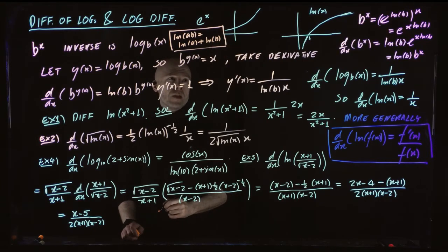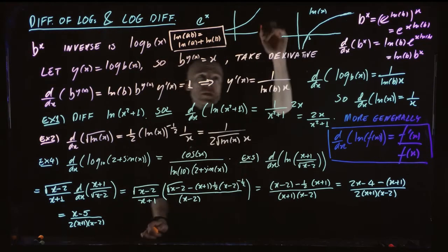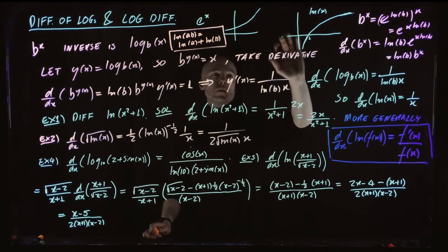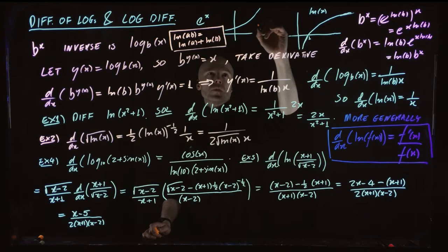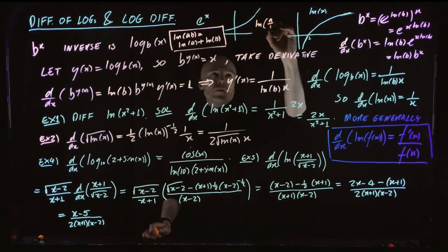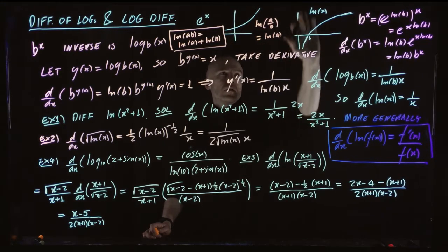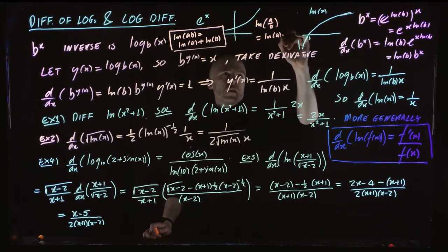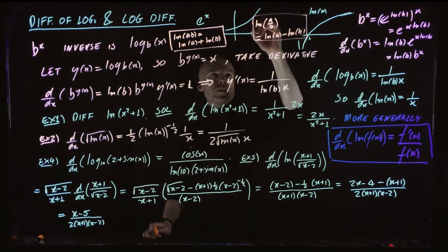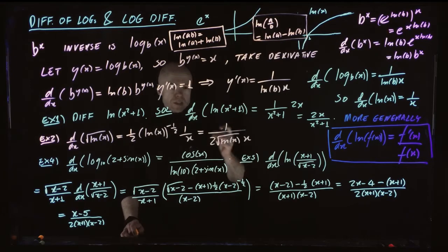And as a consequence, it also turns division into subtraction. So log of a over b is log of a minus log of b. Okay, and some of you might be a bit rusty on this. It's not a mysterious thing. It's just from the fact that log is the inverse of e.